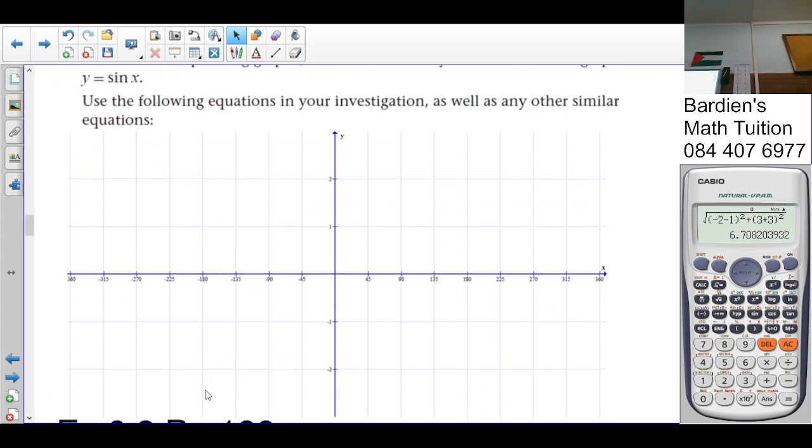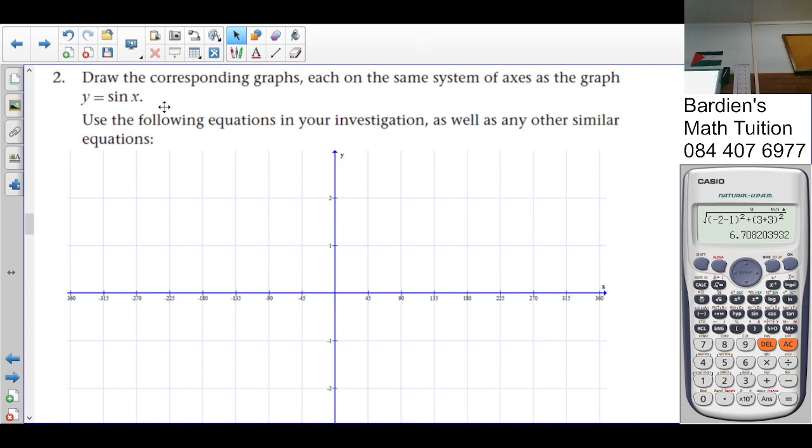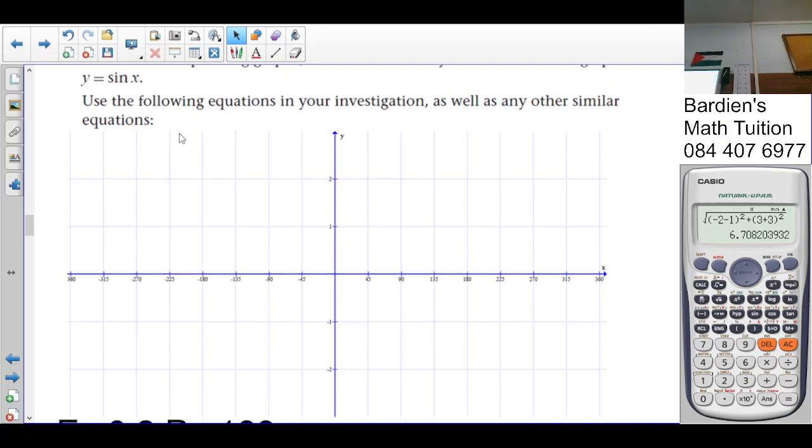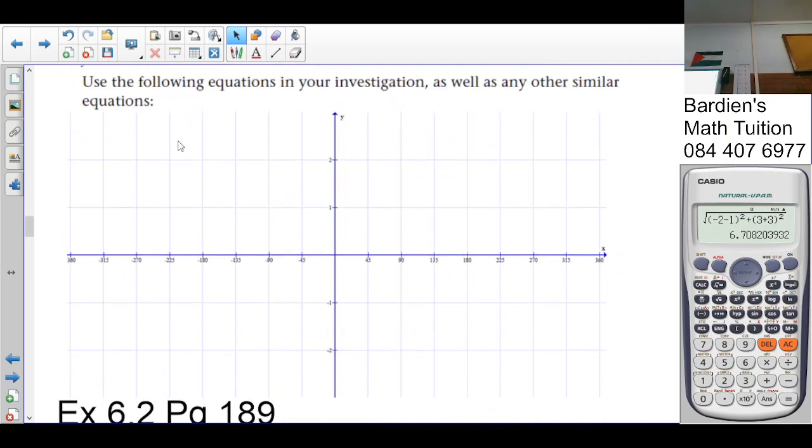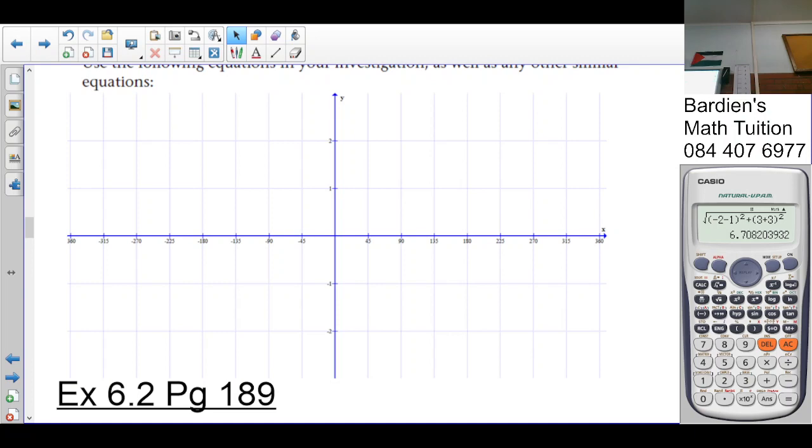Alright, so they ask you to develop the tables. So draw the corresponding graphs, each on the same system of axes as the graph of y is equal to sine x. So let's go with A. If you're looking at the y is equal to sine x graph, the graph starts here. 90 is 1, 180 is 0, 270 is minus 1, 360.